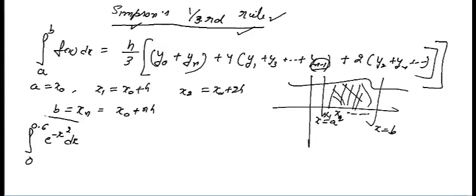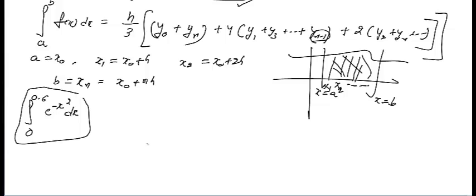You have to solve this integration, and you have x0 equal to 0 and b equal to 0.6, which is your xn. Now what h you will take is up to you. Sometimes it will be given in the question. If it is not given, you can take it as per your requirement. So here I am going to take h equal to 0.1.